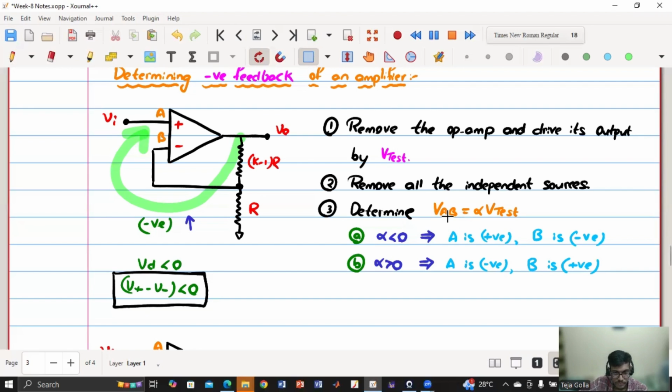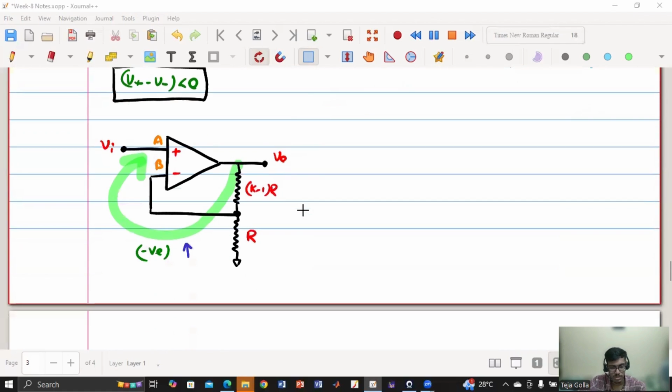If I am getting alpha less than 0, which means V plus minus V minus is less than 0, then plus corresponds to A and minus corresponds to B. If alpha is greater than 0, we multiply by minus, which means V minus minus V plus, so A corresponds to the minus terminal and B corresponds to the plus terminal. So is that part clear? This is very important because this is where we get confused. Is this okay?